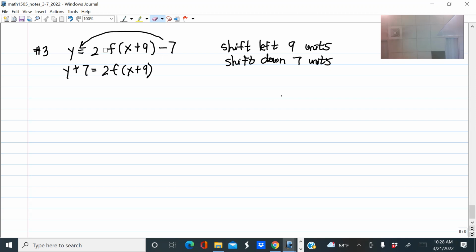In other words, you're going to be doubling the size of the graph. So the way to describe multiplying by 2 is I'm stretching by a factor of 2. In other words, I'm doubling the size of this graph vertically.